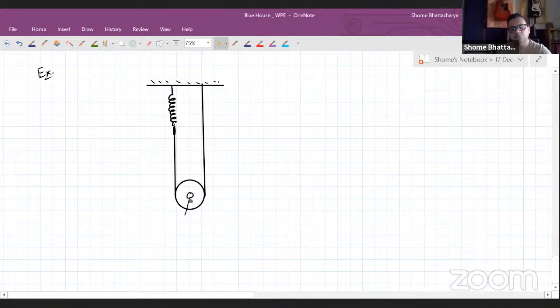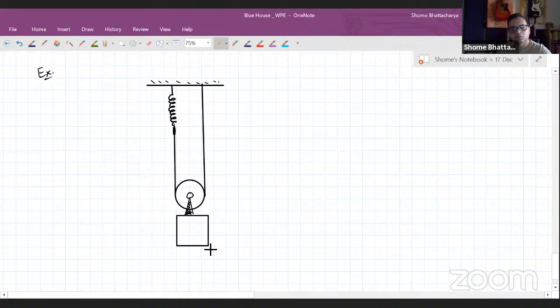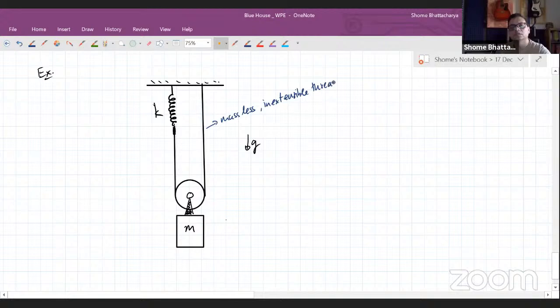Now this is a massless pulley, which itself is attached to a block, in a vertical situation. So this is a massless inextensible string or thread.